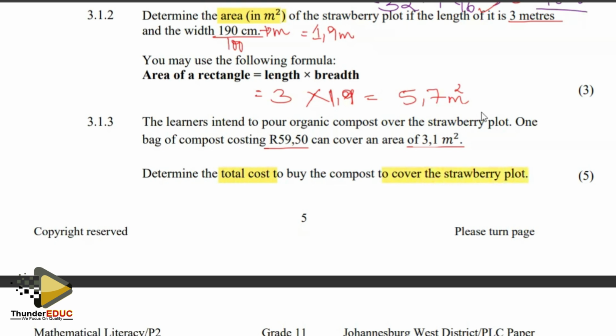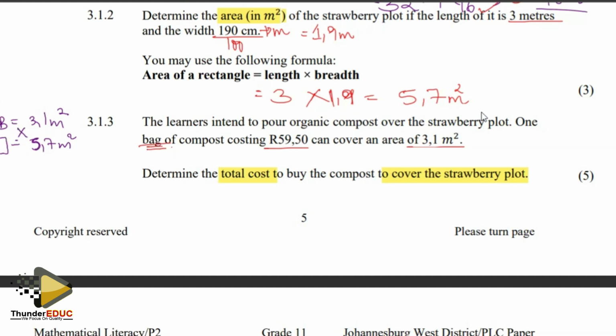Remember, we are not buying the area, we are buying bags. So analyze this very well. If one bag covers an area of 3.1 meters squared, and you found that you have an area of 5.7 meters squared, ask yourself, how many bags are you going to use?